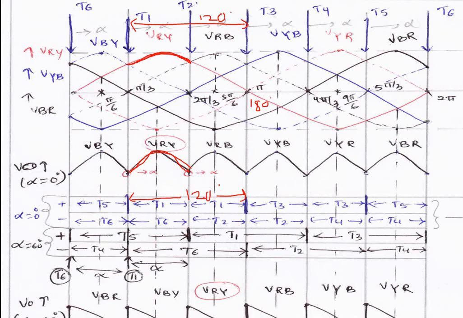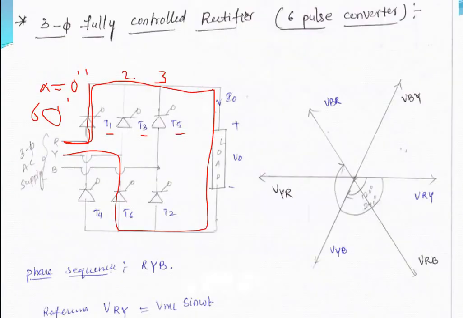After this, T1 will conduct with T2, because T1 should conduct for 120 degrees and each pair will conduct for 60 degrees. So T1, T6 gives this output waveform, and again T1, T2. T1 is connected to R phase and T2 is connected to B phase.